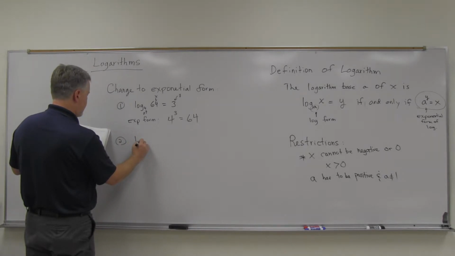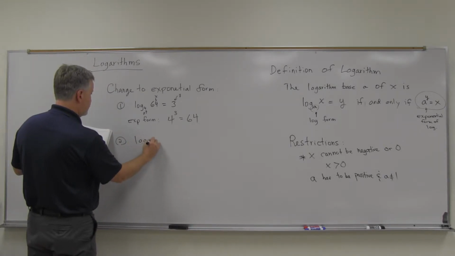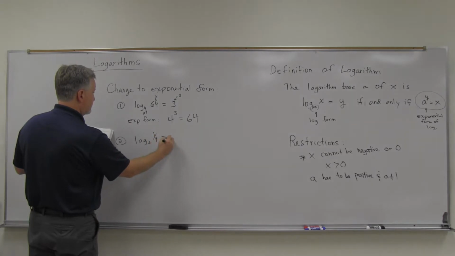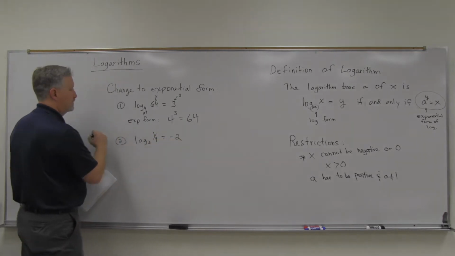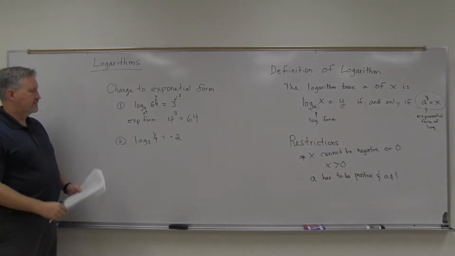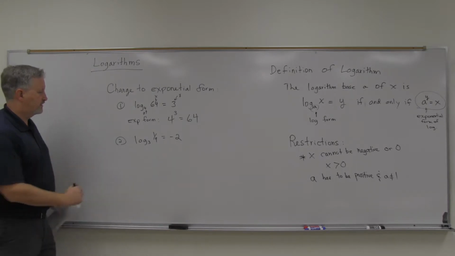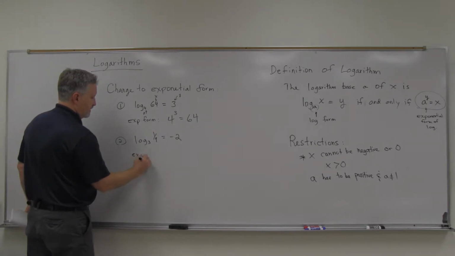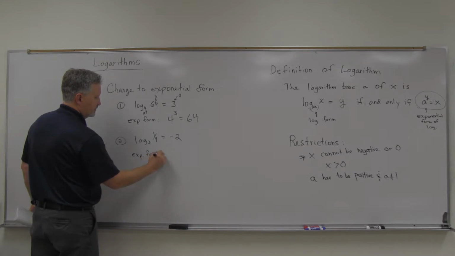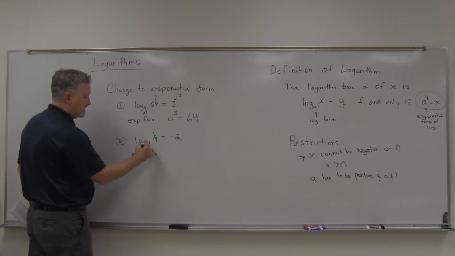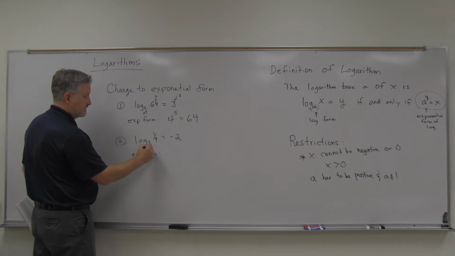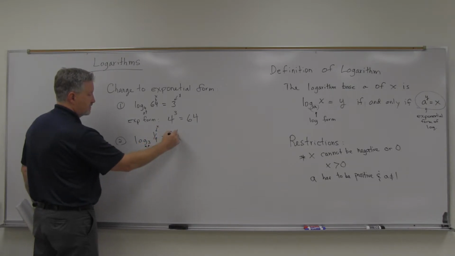Let's do this. Log base 3 of 1/9 equals -2. See that this is true as well. So what's the exponential form of that? Well, again, the base is here, so that's the a. This is the x, and this is the y.